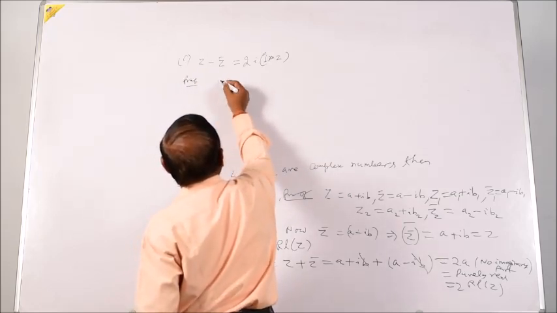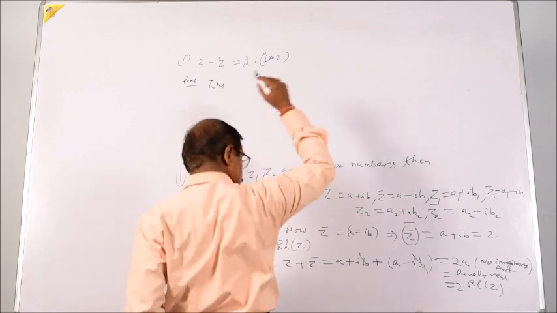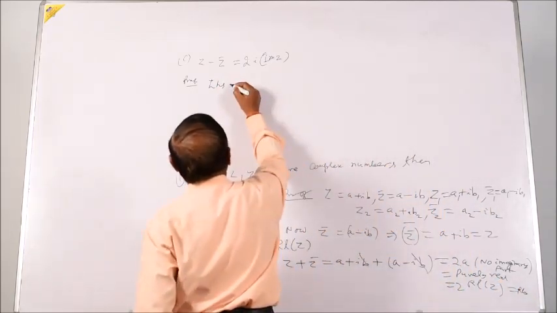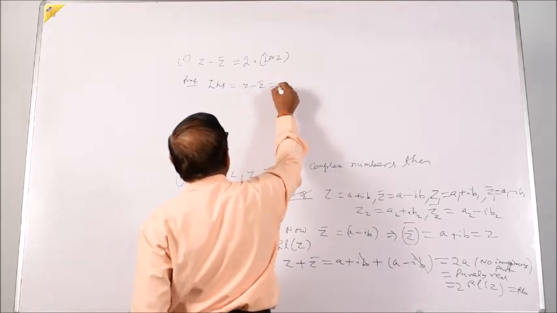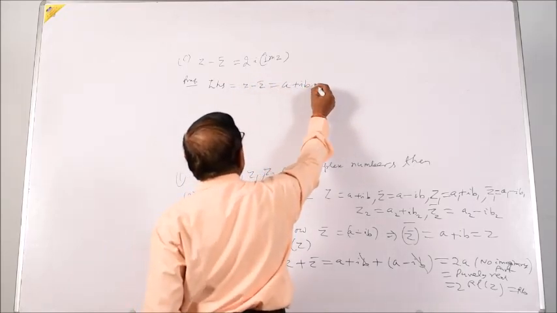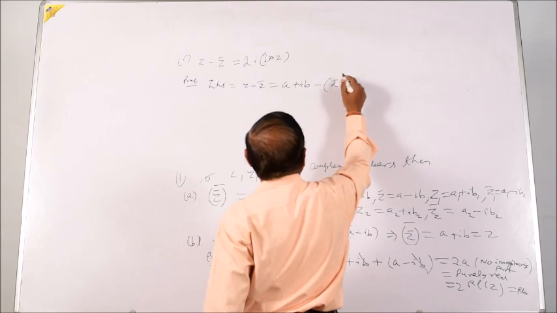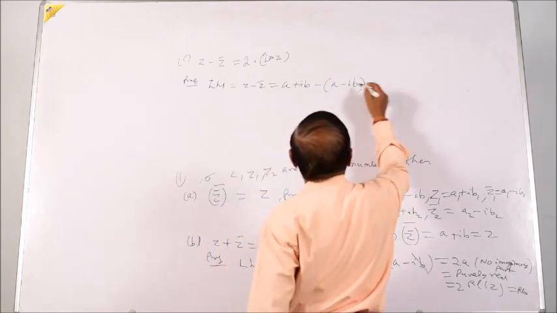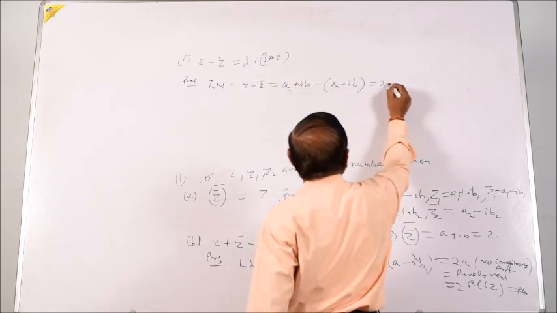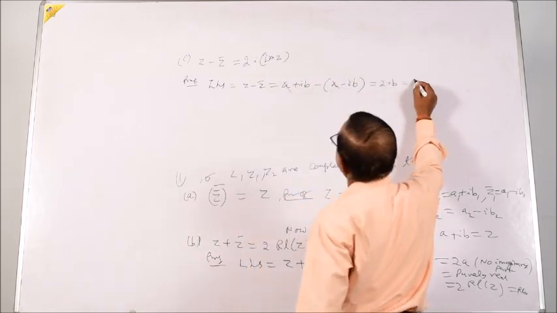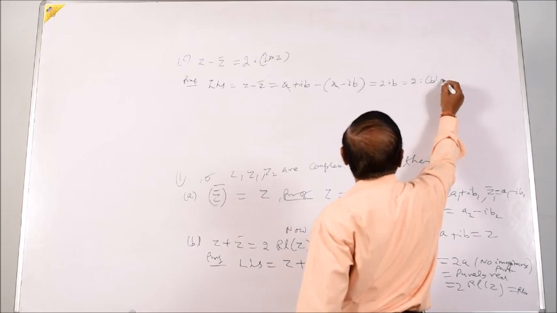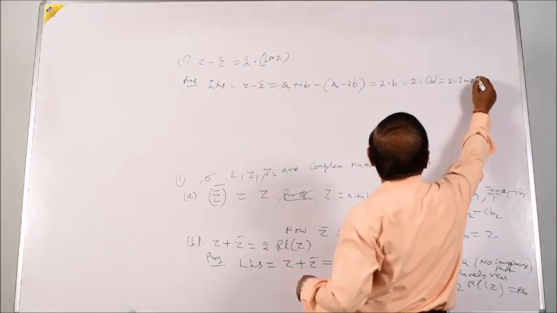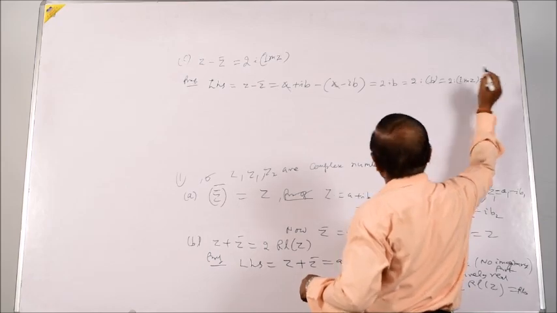The proof is, this is LHS, you can write RHS also. Z minus Z bar is A plus IB minus A minus IB. So A goes, so it becomes 2IB, that is 2I. What is B? B is the imaginary part of Z, 2I imaginary part of Z, that is RHS, proved.